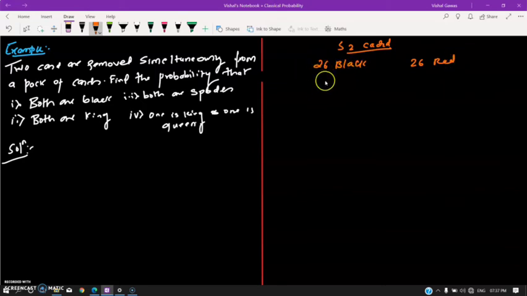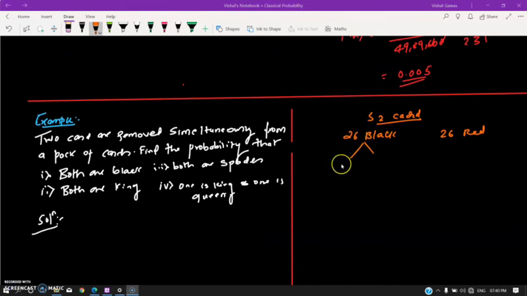Each color has two suits. Black has two suits, namely spade and club, and in the red we have heart and diamond.